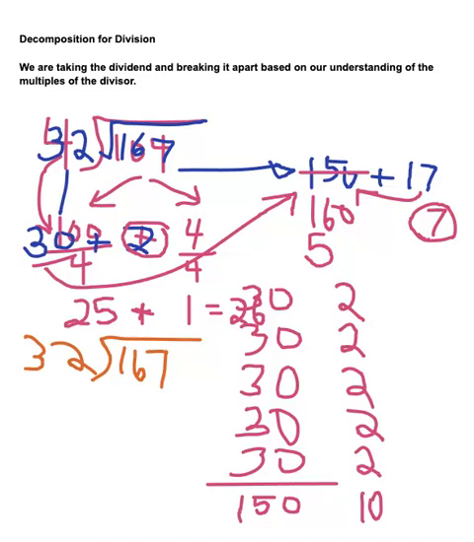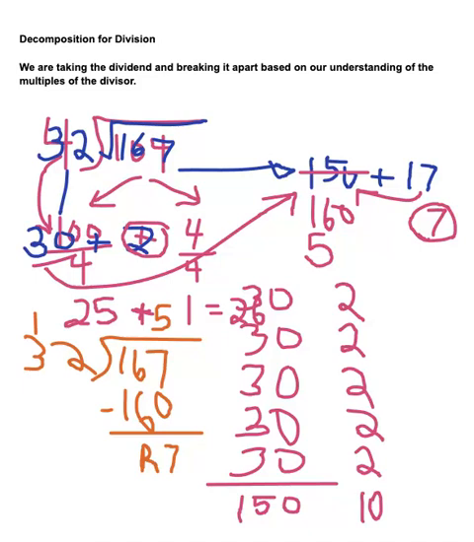If I tried 4, I know that it wouldn't be enough, so I'm going to try 5. 5 times 2 is 10, so 0, and then I carry my 1, and then I have 5 times 3, which gives me 15, plus 1 is 16. If I subtract these, I'm left with 7, which doesn't go in, which means that's a remainder of 7. So I was correct.